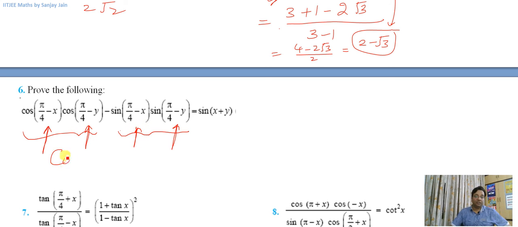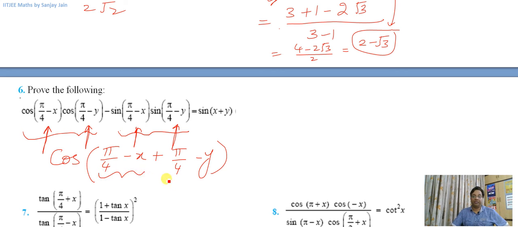This is cos A plus B, which is pi by 4 minus x plus pi by 4 minus y. This is the formula for cos A plus B, where A is this angle, B is this angle. So the left hand side can be written as cos of pi by 2 minus x minus y, or if you want to write it as this, you can do that.